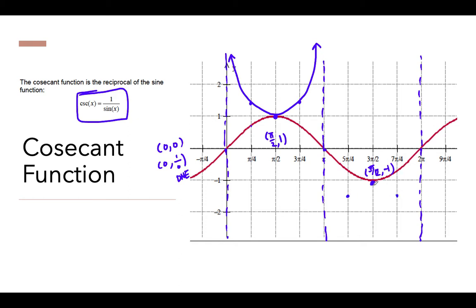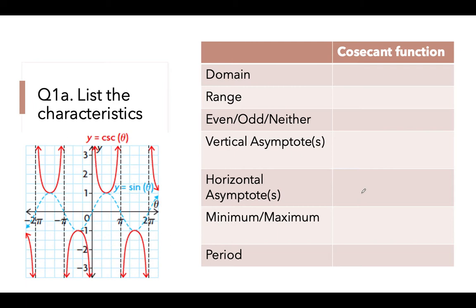So then another curve looks like this, and it will be the same thing as we go back and forth, with an asymptote happening every pi. This is a picture of a cosecant function. As you can see on the graph on the left, this is what we just drew in red pen. Now, let's identify the characteristics of cosecant.